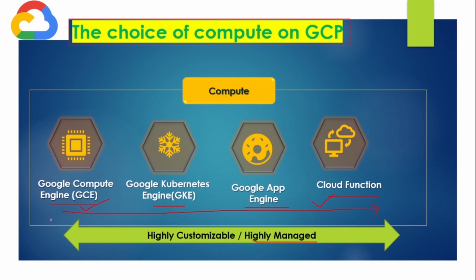So which compute service you should choose depends upon your application, what kind of customization you need for your application. If your requirement is to have a containerized environment, then you should go for GKE. If your application has a very simple requirement that an event gets triggered and your application has to run on that event, at that time you should choose Cloud Functions, right?